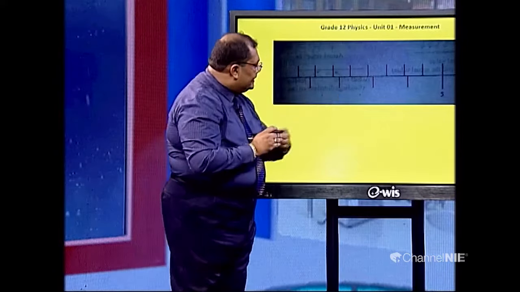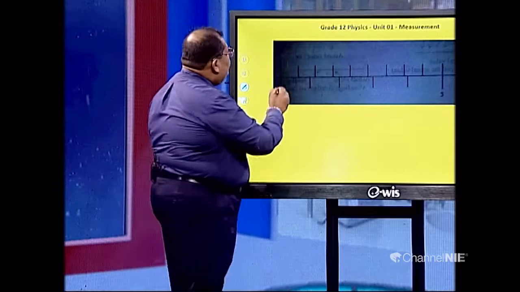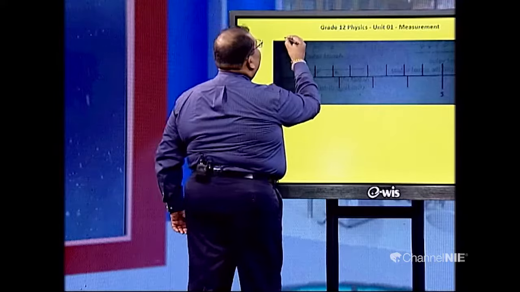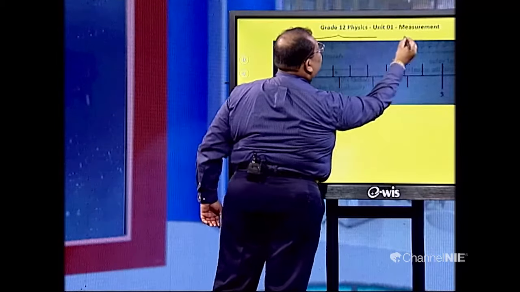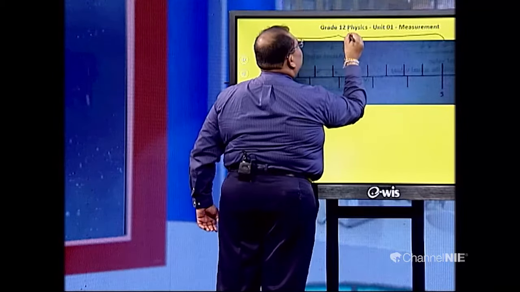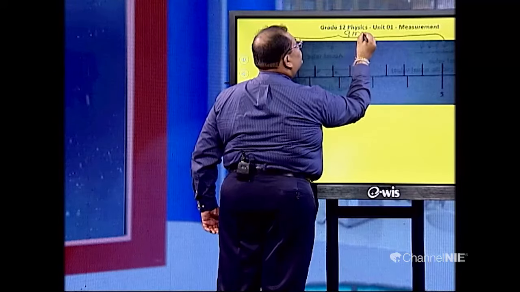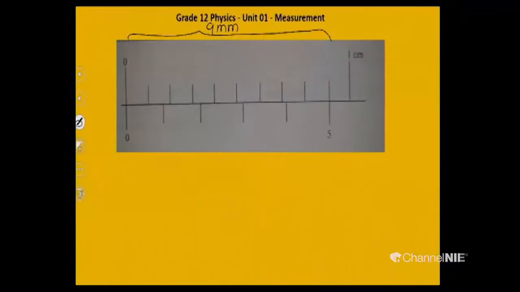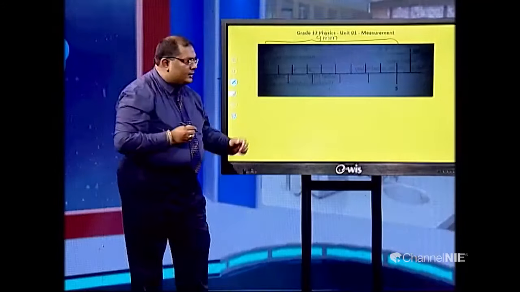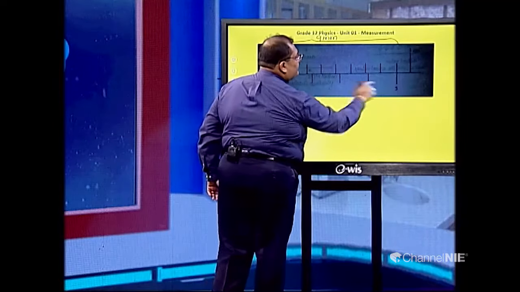In this diagram, you can see 9 millimeters from here to here. But in the vernier, it has only 5 divisions.